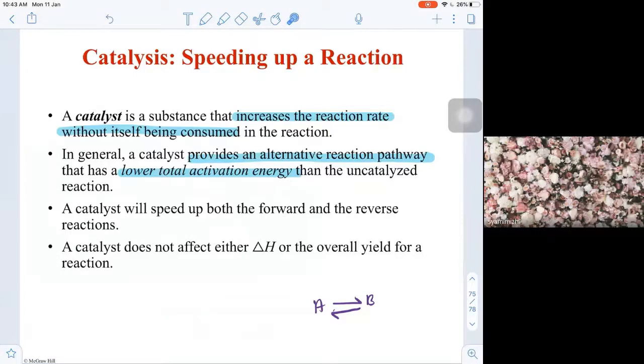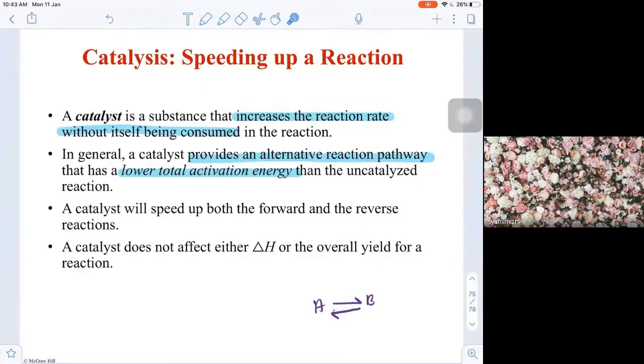The next point that we have to remember is that the catalyst used gives no effect to the enthalpy change, which is the energy of a reaction, and also the yield of the reaction.